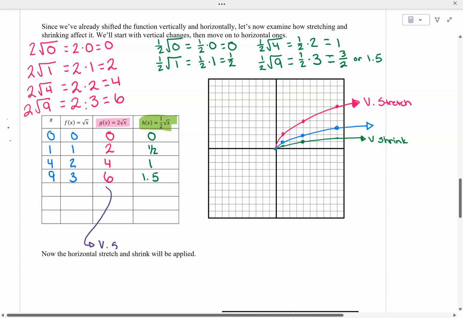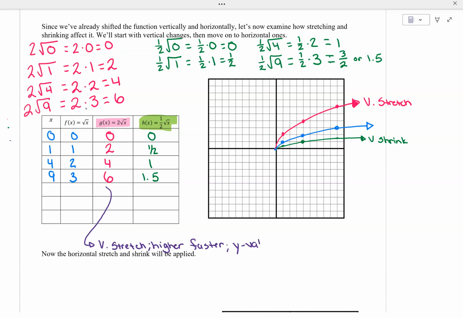So for this vertical stretch, we got higher faster, which means our y values changed. Okay, this is our vertical shrink. We were slower, but the y values still change.